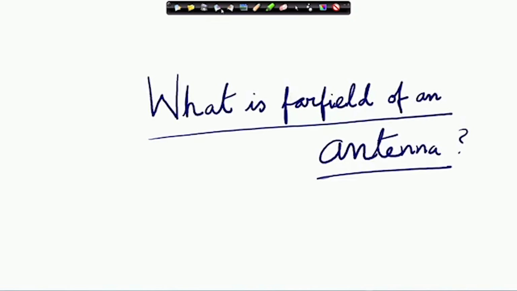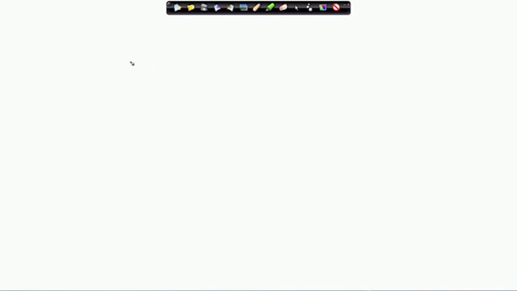Now, what are those criteria? First, I raise the question: what is the far field of an antenna? To answer that, there are three criteria.